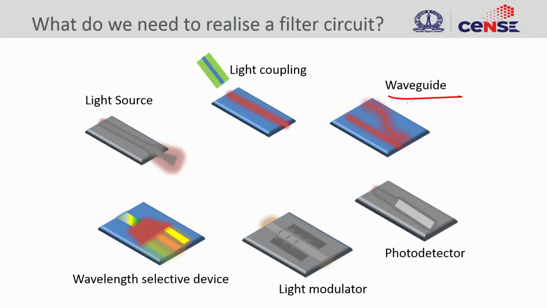Now we have understood what kind of waveguide structure we want and what the implications are of having a wire or a ridge waveguide. Let us move on to the next important device, the coupling of light between an optical fiber and the waveguide.